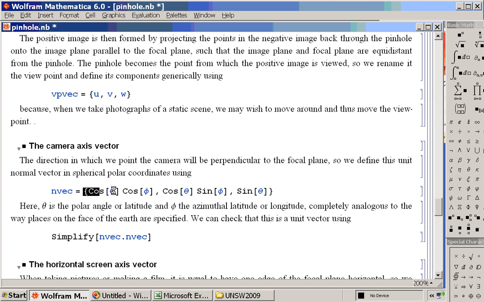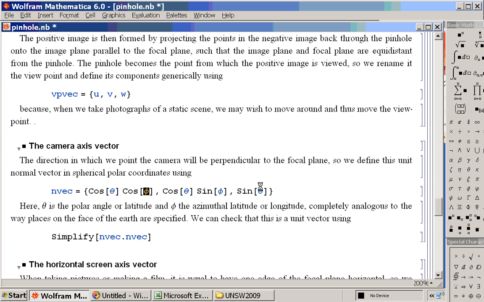Theta is analogous to the polar angle or latitude of a point on, for example, the face of the Earth, and phi is the azimuthal angle or the longitude in geographical terms.